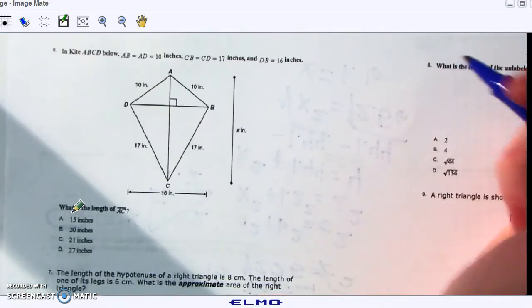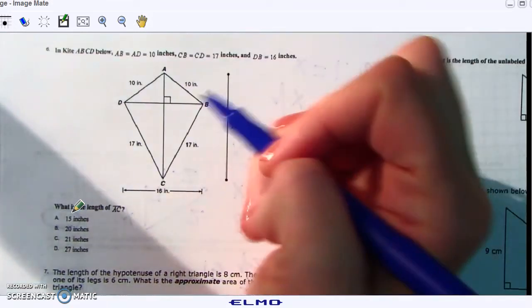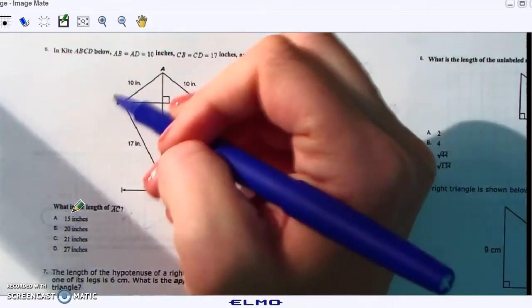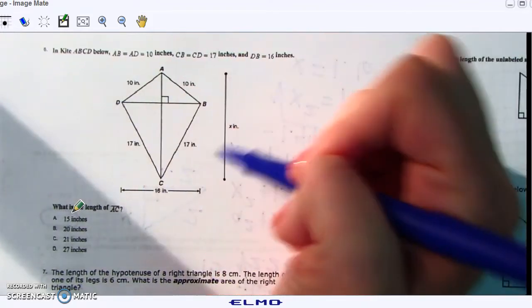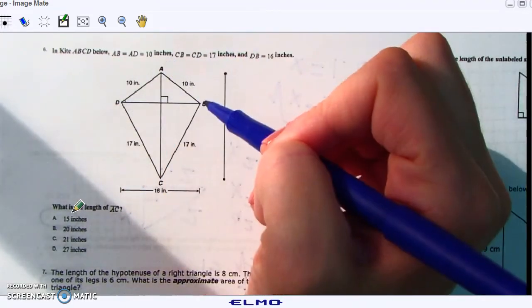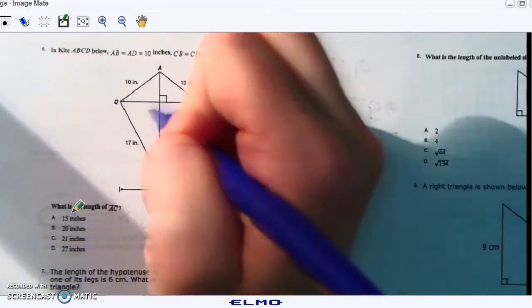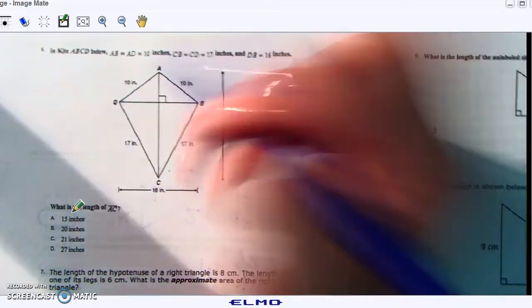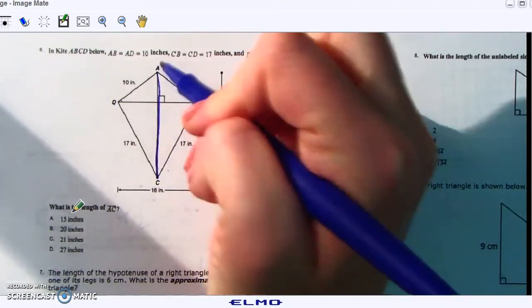All right, I have a kite. Ooh. And it says that AB and AD are 10, CD and CB are 17, DB is 16 inches, so that length here is 16. What's the length of AC?